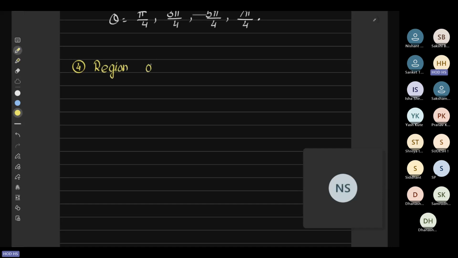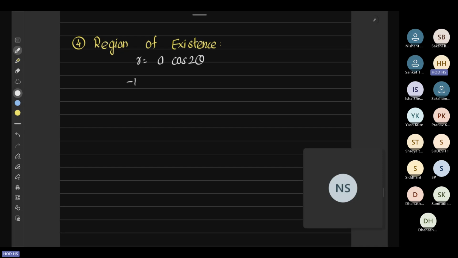Region of existence. So to calculate region of existence, we'll start with the given equation. So we have r is equal to a times cos 2 theta. We know that minus 1 is less than or equal to cos 2 theta is less than or equal to 1.